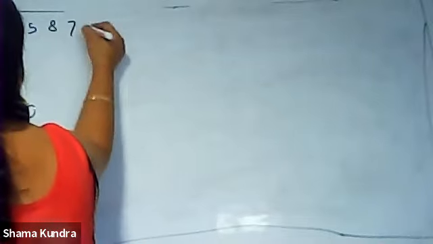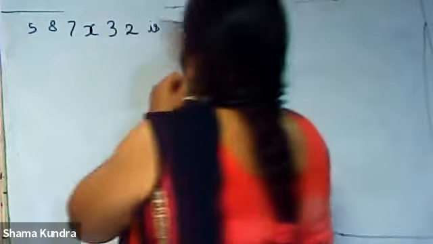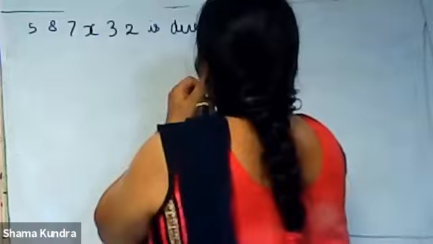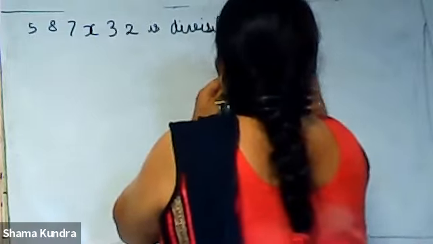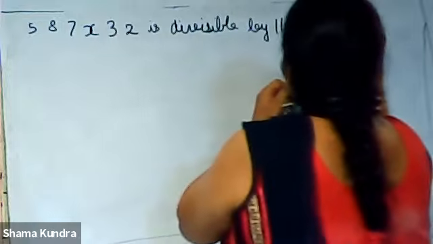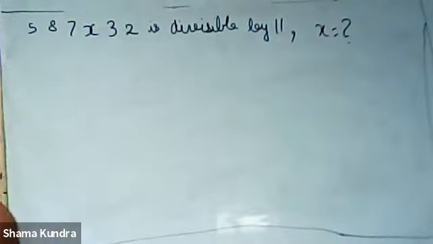See one question. If you have 587x32, if this number is divisible by 11 and you have to find the value of x. What is the value of x?